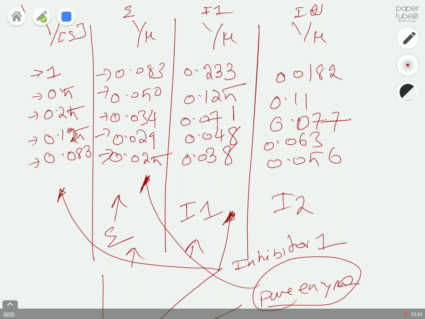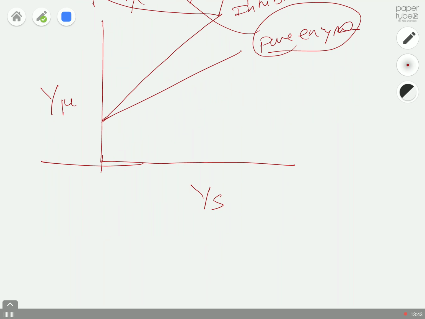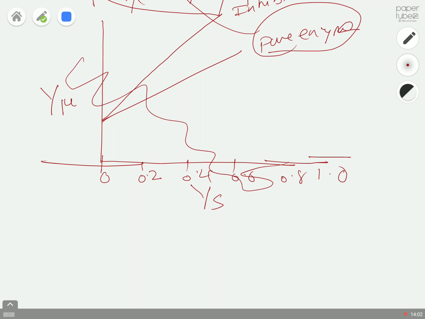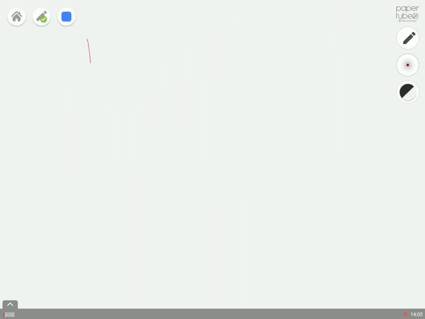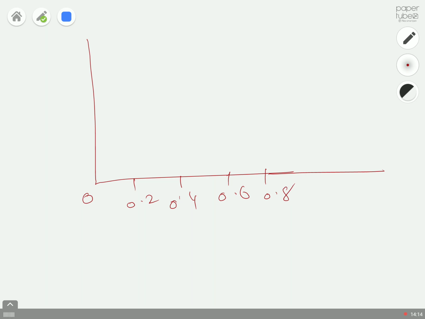So you will get somewhere around 0.2, 0.4, 0.6, 0.8, say 1.0. If you want, I can draw it for you to show how to. I hope you all know how to use the graph sheet. It's very easy. 0, 0.2, 0.4, 0.6, 0.8, around 1.